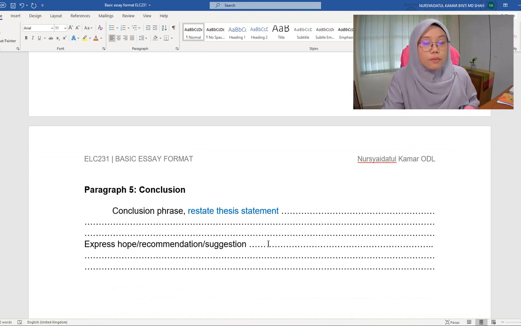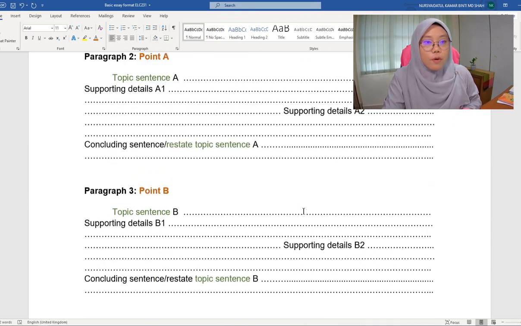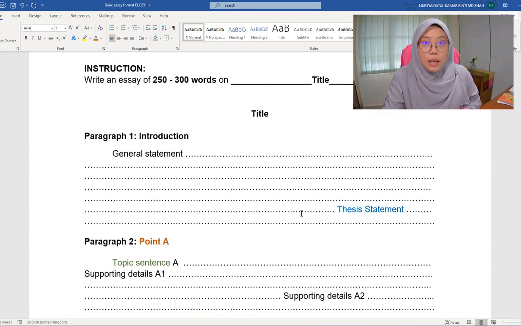You can also Google it, it's available out there. Connecting one idea to another using discourse markers or transitional signals is a very, very important and significant skill for you to have to be a good writer. Okay, alright. Now that is actually the basic format of your essay.